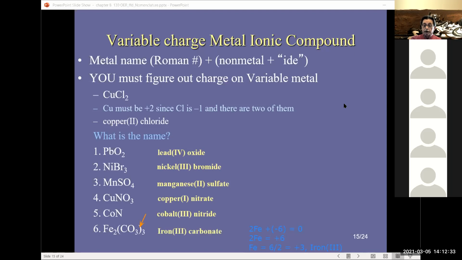And so I'm working with iron(III) carbonate. Now, very quickly, I said earlier that when you look at the cation, well, let me do it this way. If I look at the 3 here for the number of anions, that turns out to be the oxidation state of the cation.